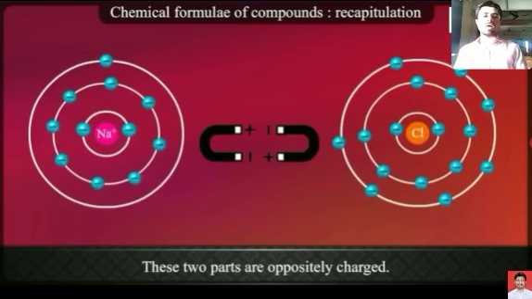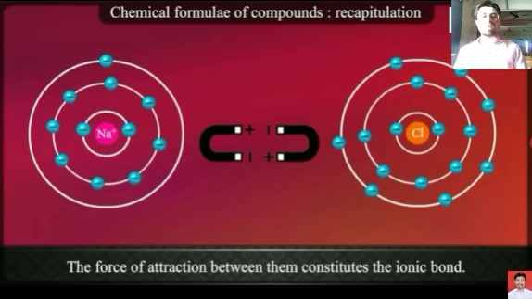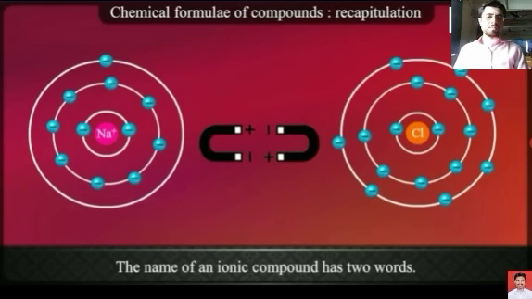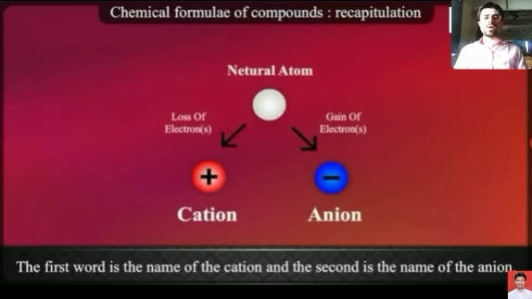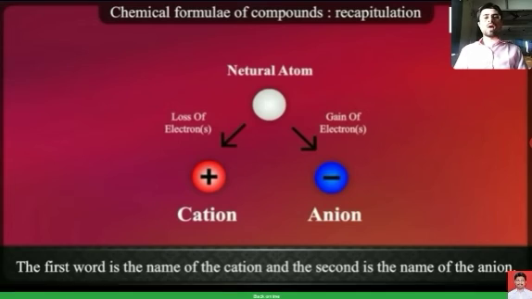These two parts are oppositely charged. The force of attraction between them constitutes the ionic bond. The name of an ionic compound has two words. The first word is the name of the cation and the second is the name of the anion.